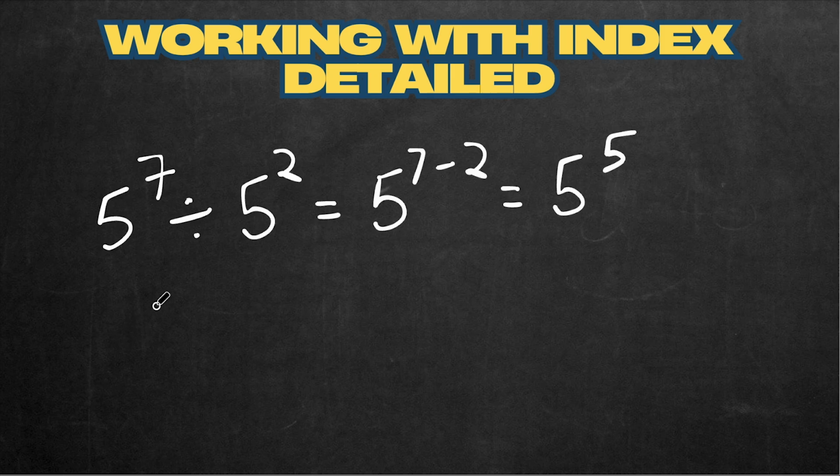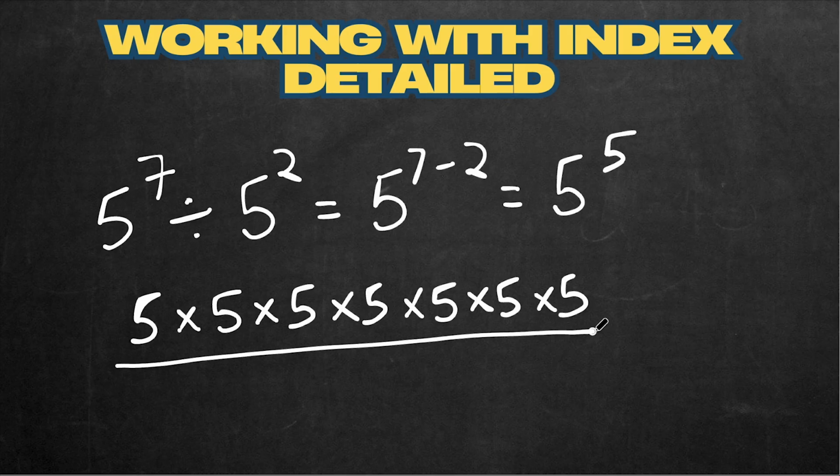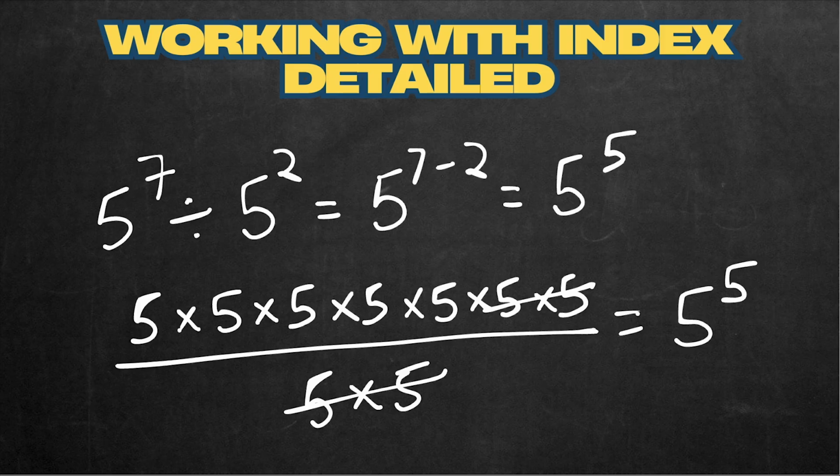Now if you really divide it, if you remember from the simplifying video, let's say 5 times 5 times 5 times 5 times 5 times 5 times 5, this is 7 5s, divided by 5 times 5. Now you remember, we can just cancel this. How many 5s are left? 1 2 3 4 5. So the final answer is 5 to the power 5, right?